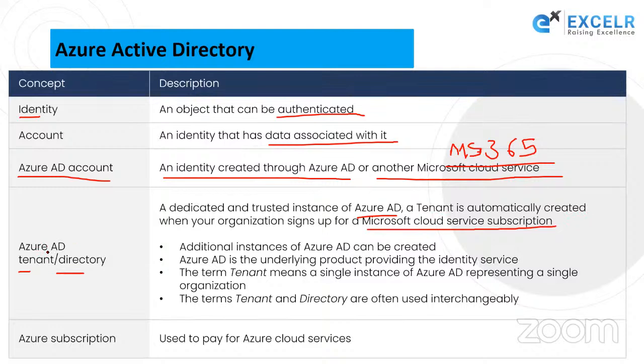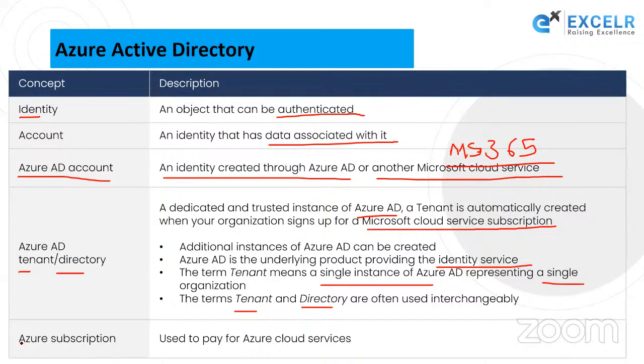It provides you an additional instance of your Azure AD, which can be created along with it. Azure AD is the underlying product providing the identity service whenever you are using this Active Directory tenant. A tenant means a single instance of your Active Directory representing a single organization. The terms tenant and directory are often used interchangeably whenever you are working with your Azure Active Directory.